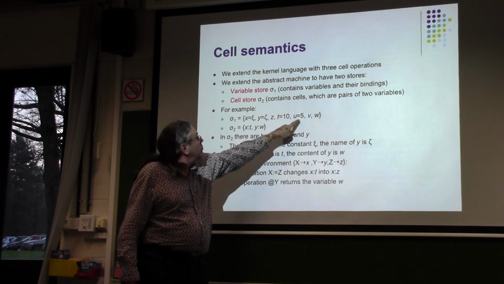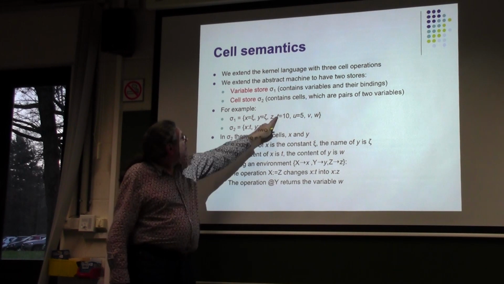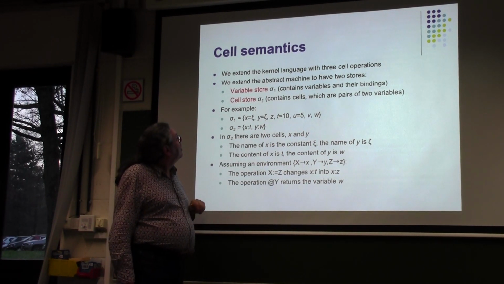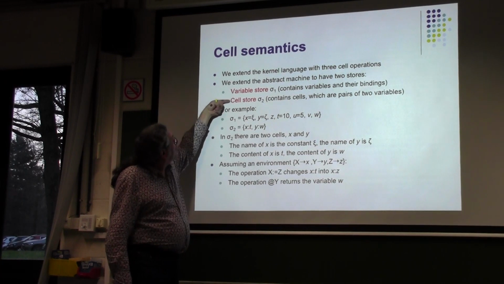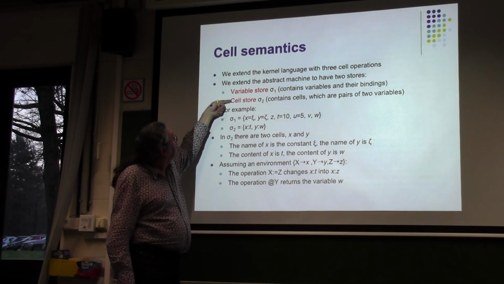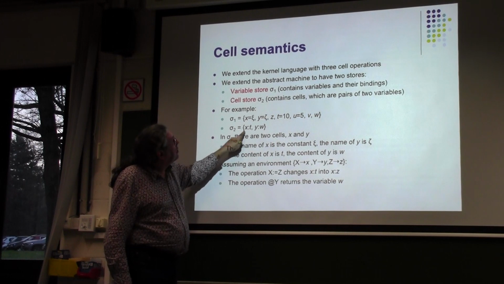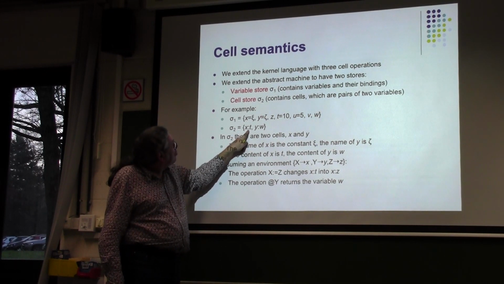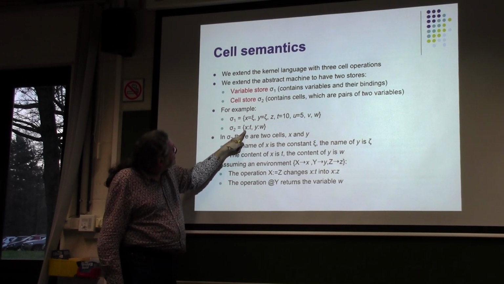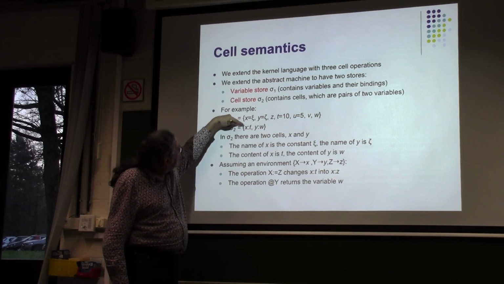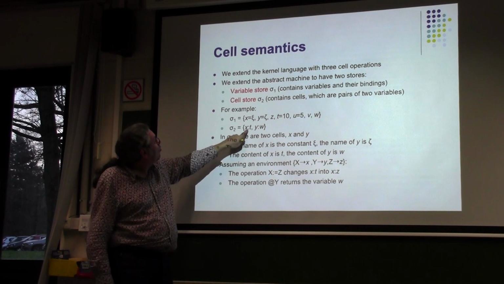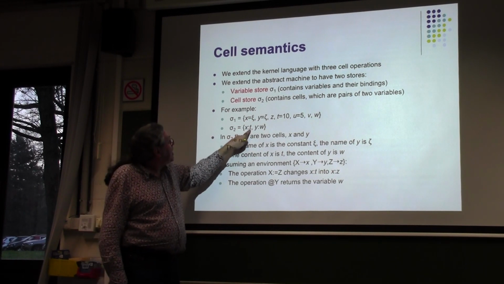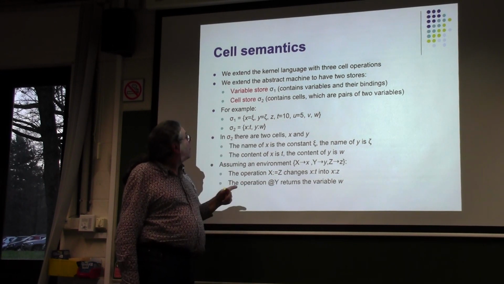If they're bound, they can also be unbound: T equal 10, X equal C. And now we have a new store called the cell store, which contains pairs. So here, for example, x colon t, where x is the name of a cell. So you see x is actually a variable in sigma 1, bound to the name of the cell, and t is actually a variable in sigma 1, which is the content.